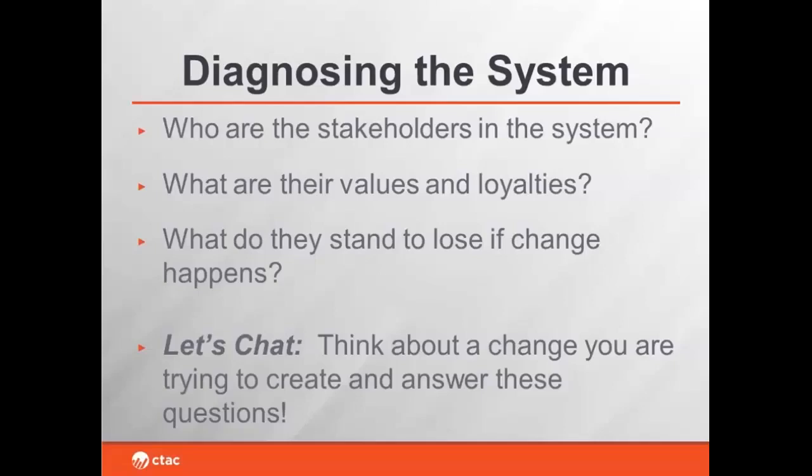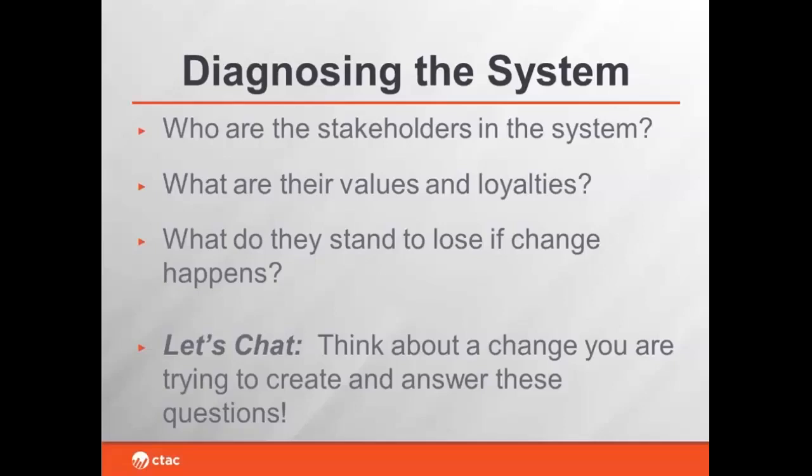Now, an important point is that you are a stakeholder in the system as well. So don't forget to include yourself in that diagnosis. What are your values? Who are you loyal to? And what would happen if the change you want to see happens? What would you potentially lose?